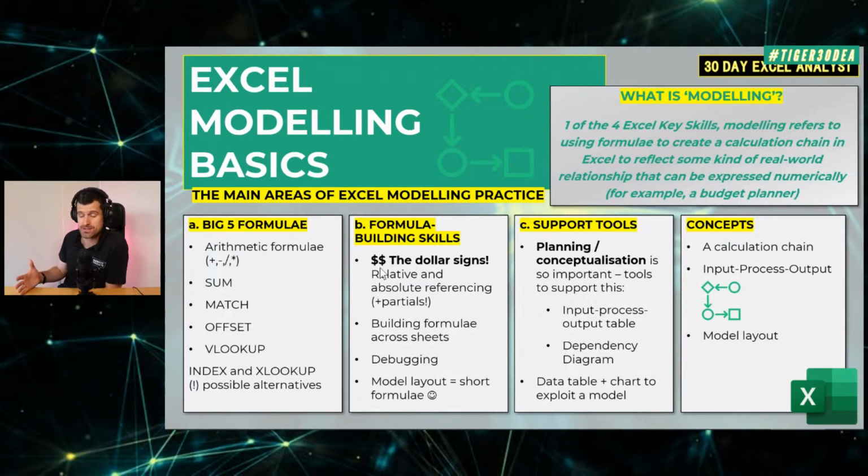If there's no dollar signs, it's a relative reference. So that reference will move around relative to the location of the formula. The dollar signs, the F4 key on the Windows PC. Then what does it mean when there's one dollar sign? One dollar sign means only the row or the column is fixed, depending on the position of the dollar sign in the reference. So we're going to cover this in modeling week.